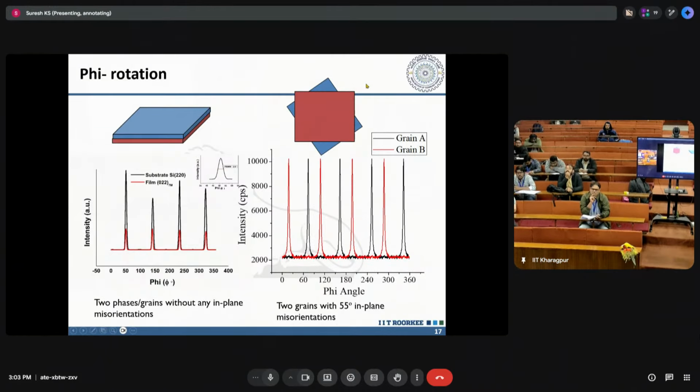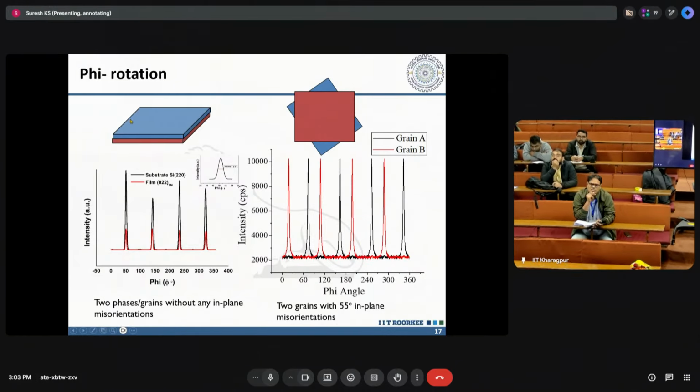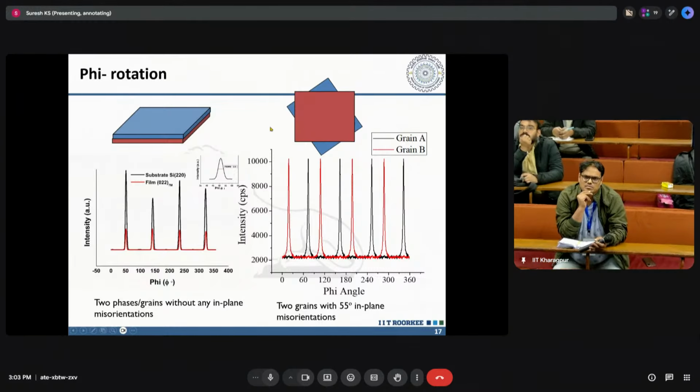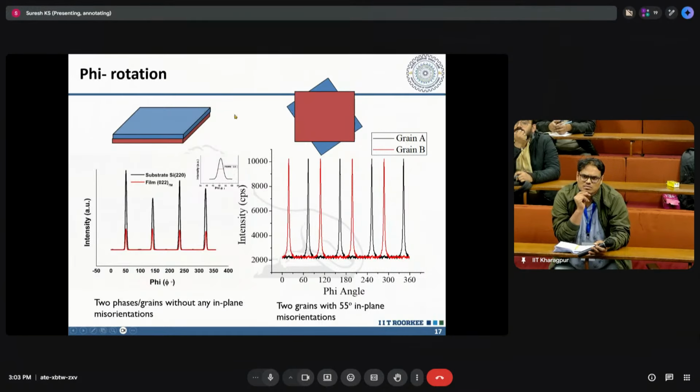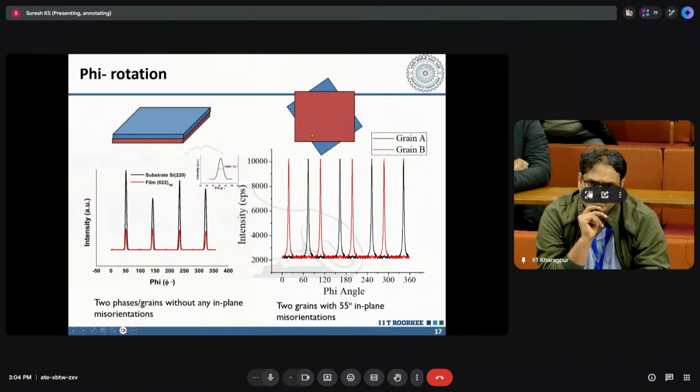Now in this second case, one layer is slightly rotated with respect to the other layer, meaning that the unit cell arrangement in this blue one is tilted by 55 degrees with respect to the red colored one. So that is the in-plane misorientation.